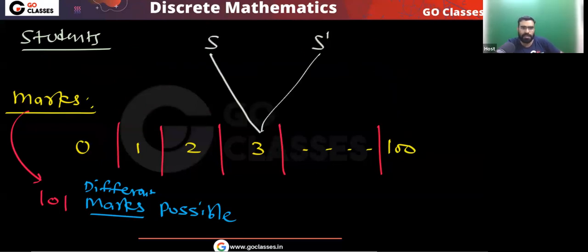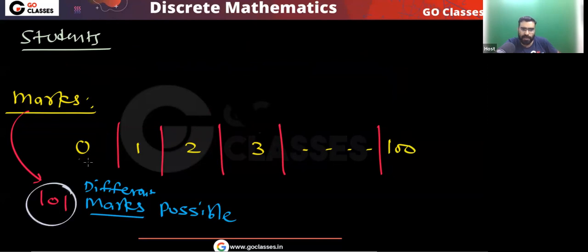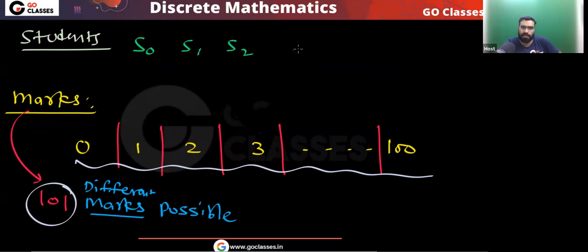But if I have 102 students, these are the different marks possible. If I have at least 102 students, at least, there can be more students.